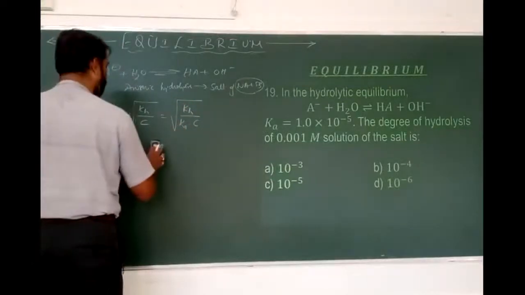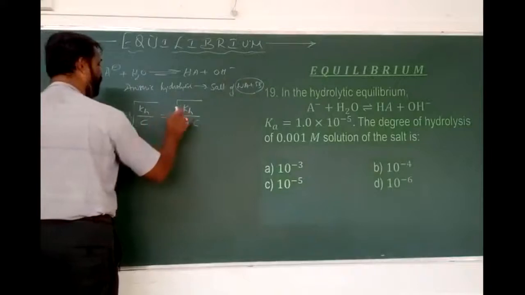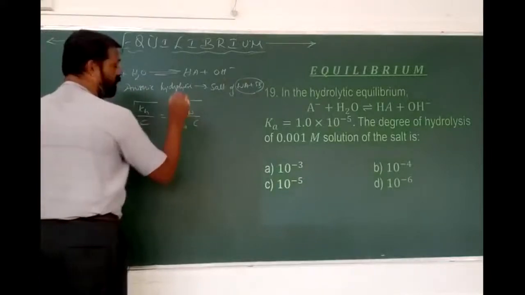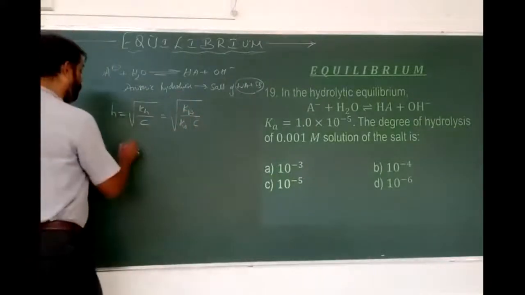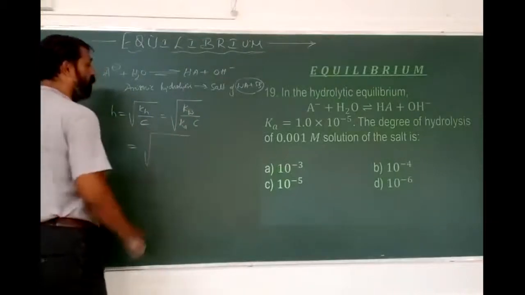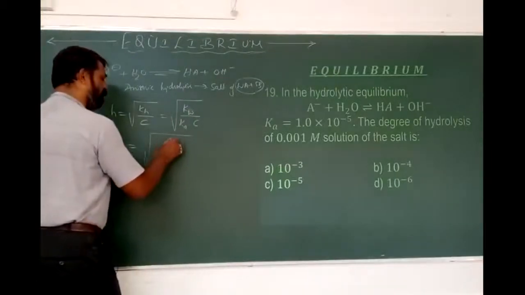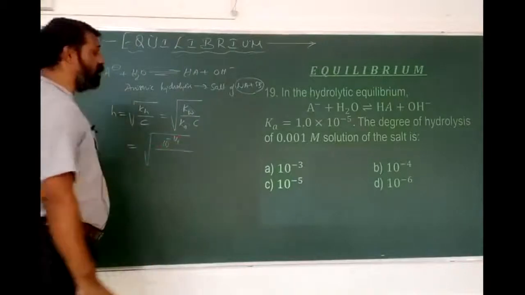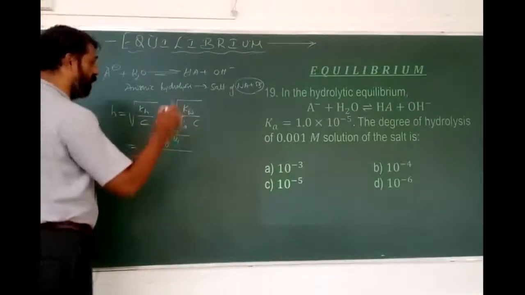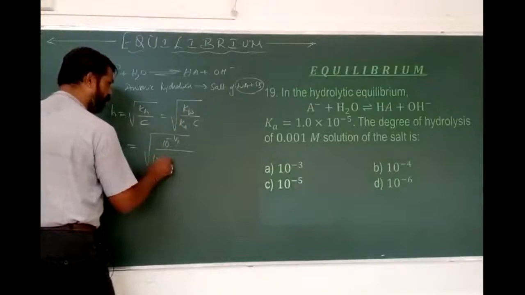Kh is given by Kw, because it is the ionic product of water. That is equal to root of, what is Kw as usual? 10^-14 divided by, what is the dissociation constant Ka, 1 × 10^-5.